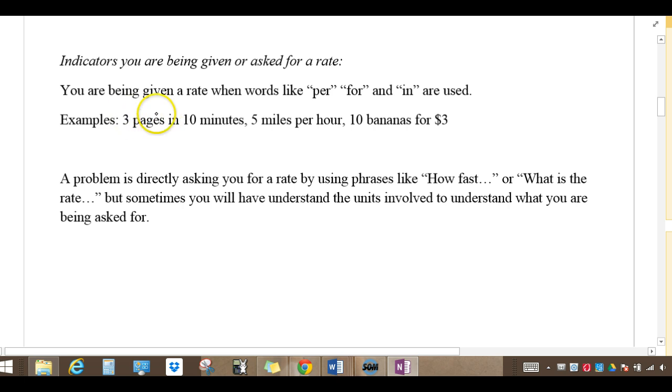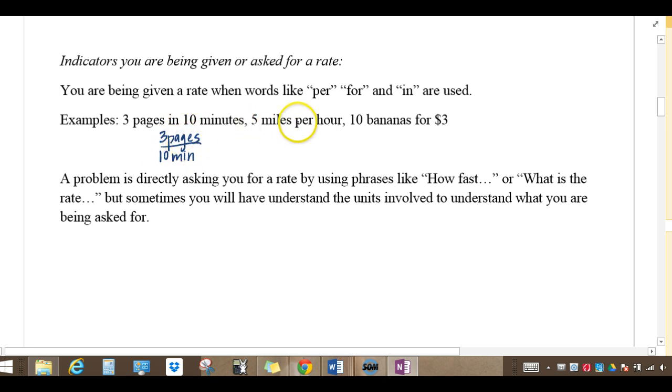So 3 pages is one quantity with one set of units, pages, and then 10 minutes is another quantity with a different set of units, minutes. So we can turn this into a fraction if I think about it as 3 pages in 10 minutes. So maybe that's how fast I can read a novel, is 3 pages every 10 minutes.